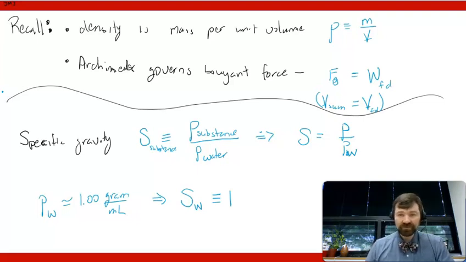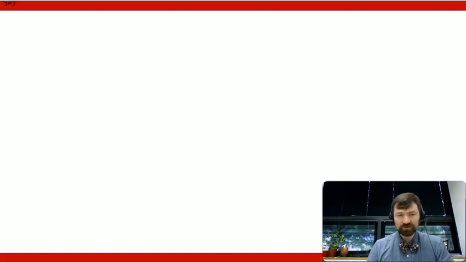You can apply this principle to specific gravity. And what that lets you do is measure the specific gravity of an object by measuring the object's weight while not immersed in water, and then remeasuring it while it is immersed in water.